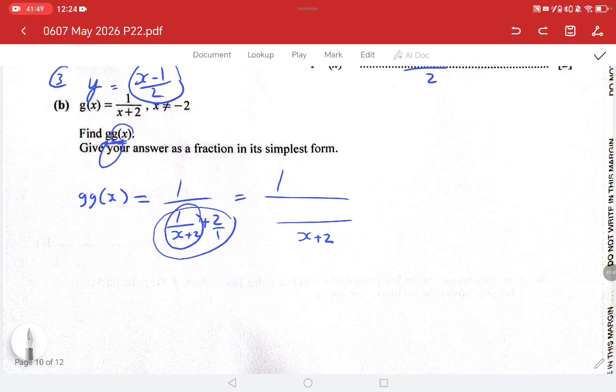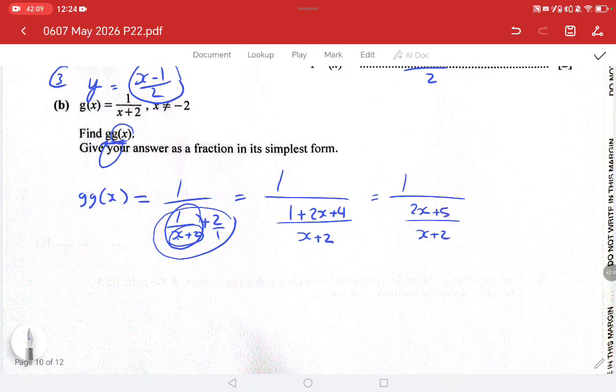So it will be 1 times 1 is 1, and 2 times this fraction. Don't forget 2 times x and then 2 times 2. 2 times x is 2x, plus 2 times 2 is 4. Then 1 over x plus 2, and here 2x plus 5.